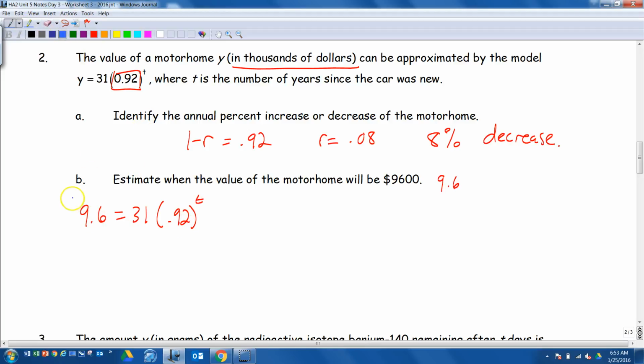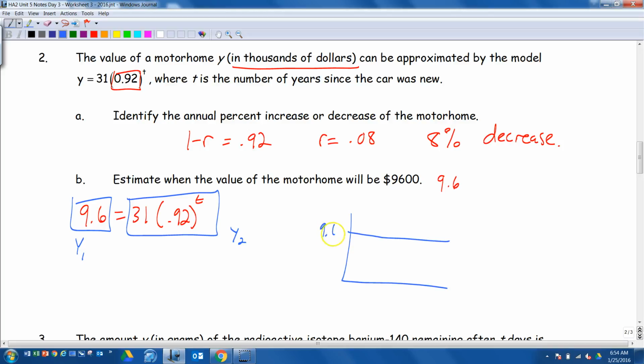You guys should know how to do the graphing now at this point. Just plug this into your Y1, plug this into your Y2, find the intersection point, and when you do that, you should see a graph that looks like this. This is 9.6. Graph goes down. And you should find that it's 14.059 when it's 9.6.